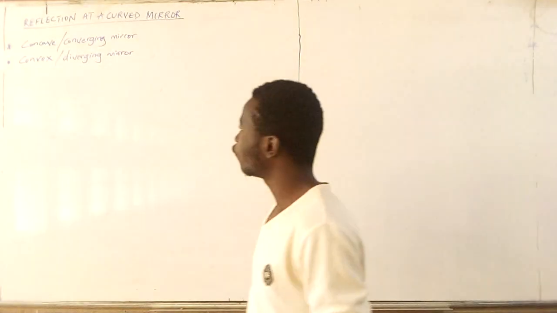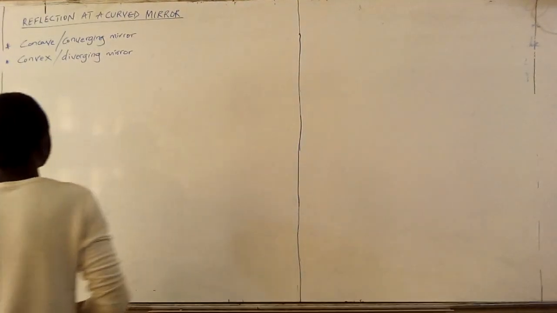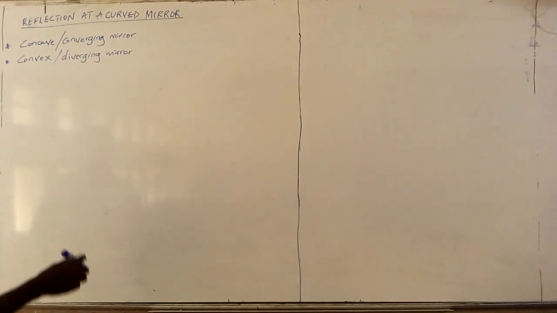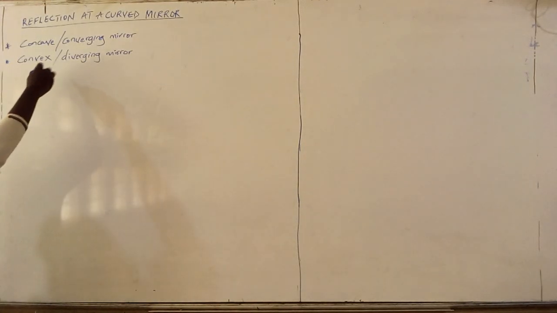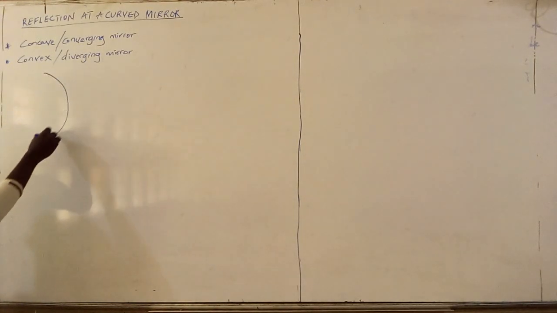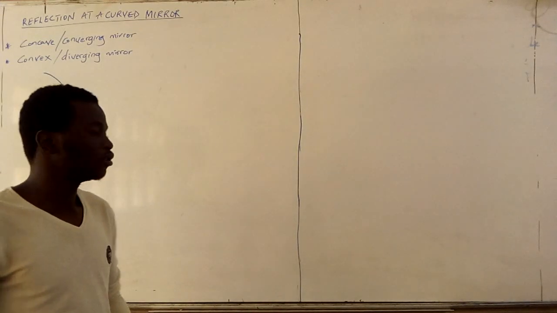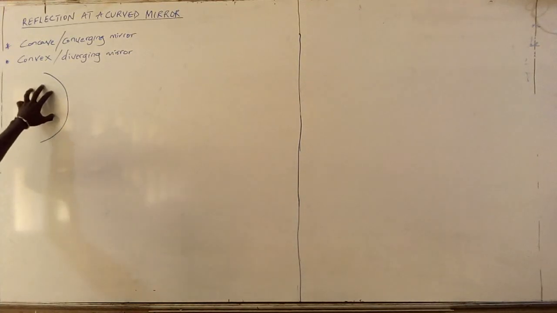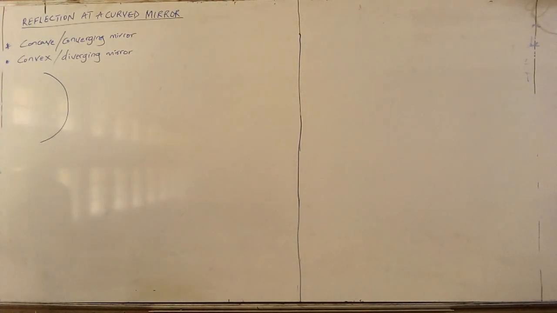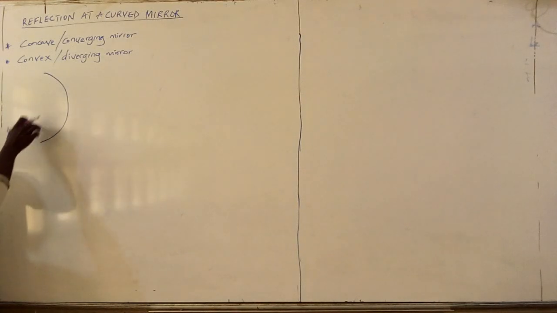Now the concave or converging mirror, how does it look like? Say we have a curved mirror. For a concave mirror, the reflecting surface is shiny. That is, we polish the reflecting surface. So this side is the reflecting surface.